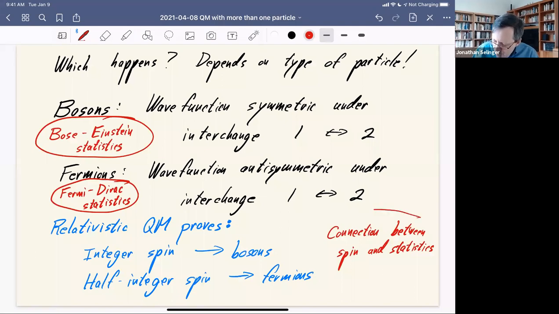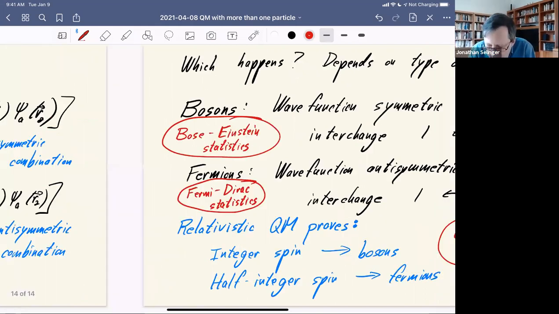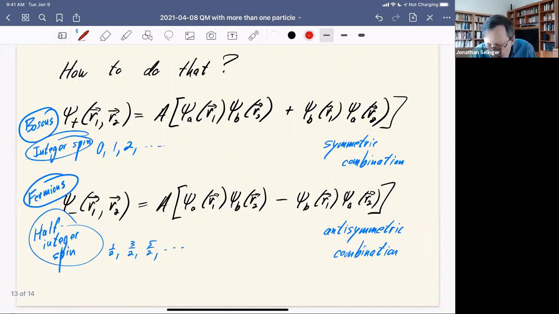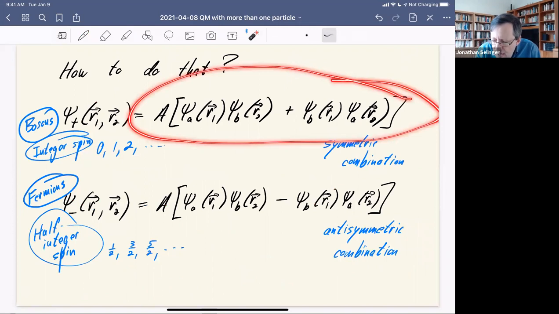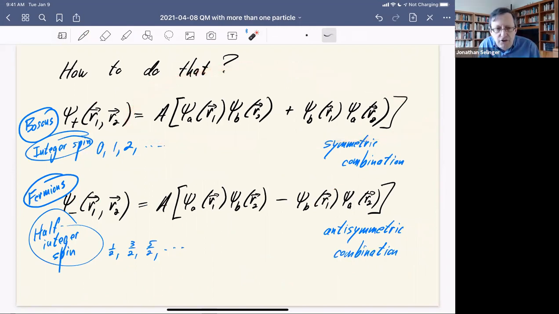All right. So this is telling us that for identical particles, either identical bosons or identical fermions, we have to have an entangled state, right? This thing is entangled, right? This is entangled.